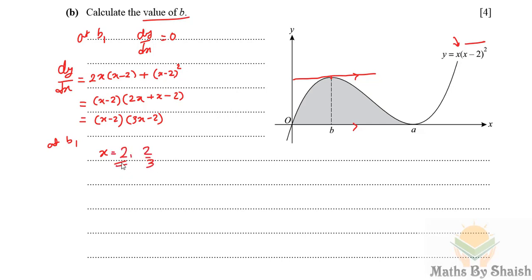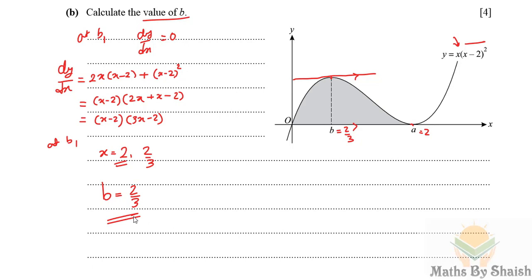But we know that at x equal to 2 it is a, so the value of b is going to be 2 by 3. So these are the two roots, 2 and 2 by 3. So the b value is 2 by 3.